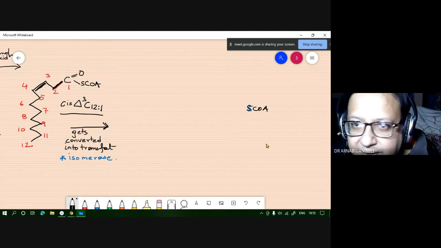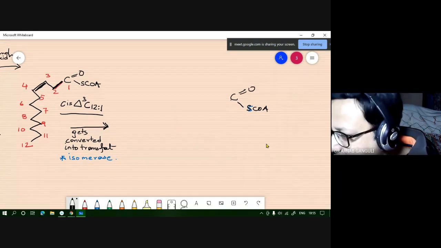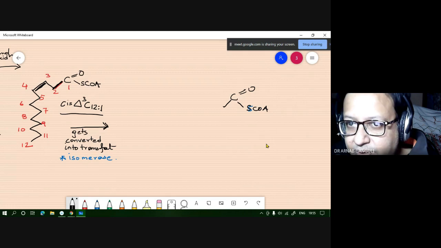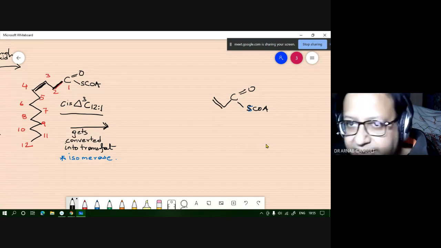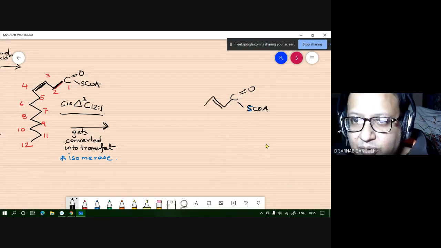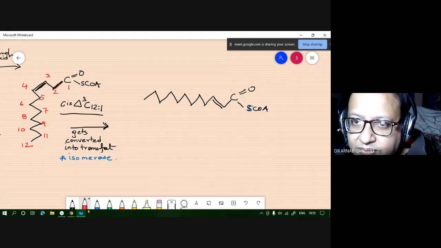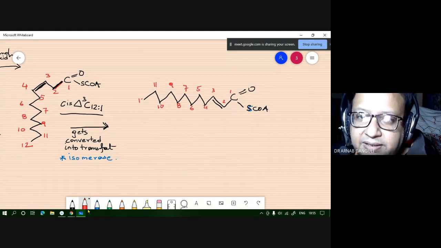SCoA, 1, 2, 3. So from the 3 the double bond is there, it's over here, it becomes trans. 4, 1, 2, 3, 4, 5, 6, 7, 8, 9, 10, 11, and 12.